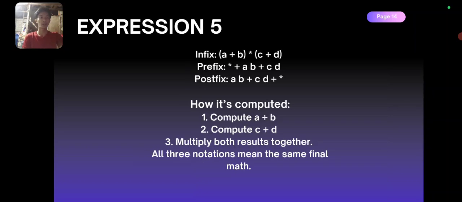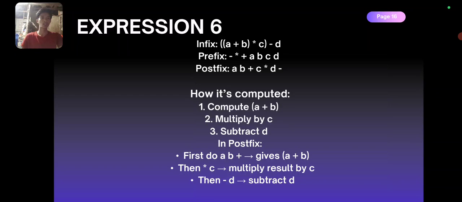In expression 5, same. I go to a plus b, add it, then add c plus d, then multiply the two results. The prefix and postfix are just the same final math, same result, and same calculation.